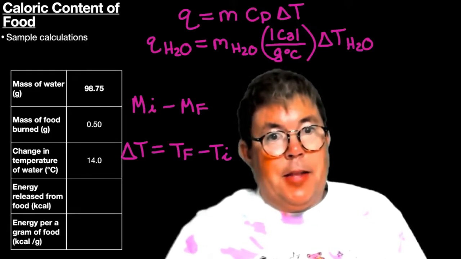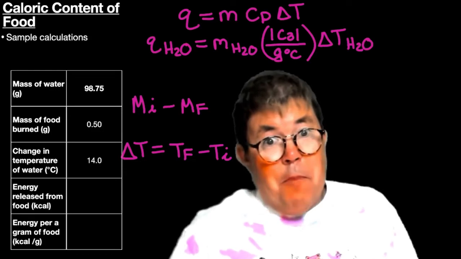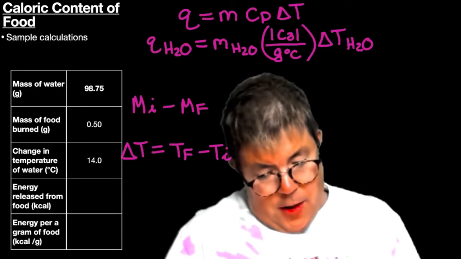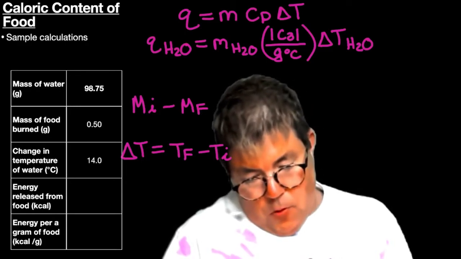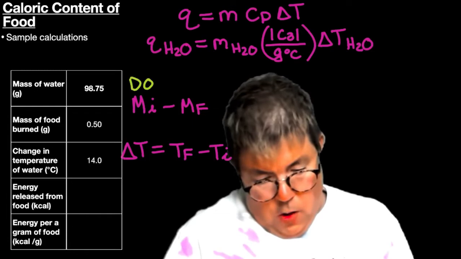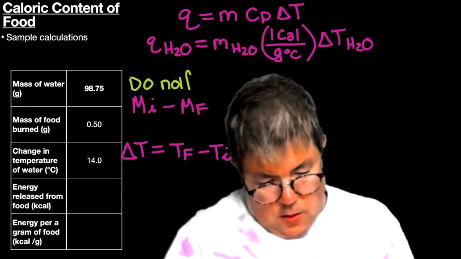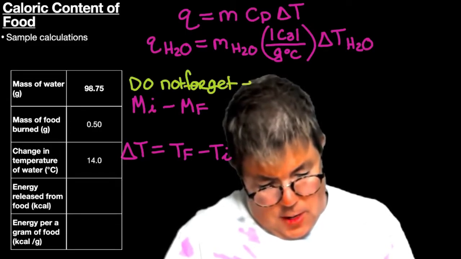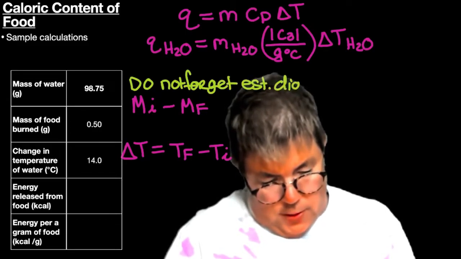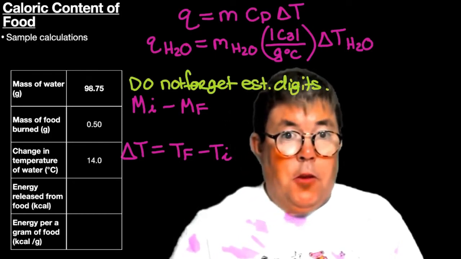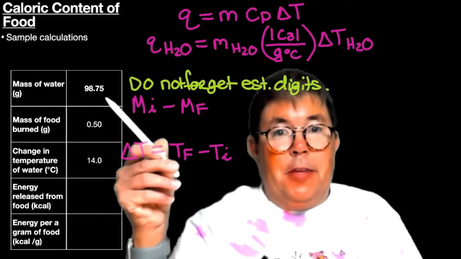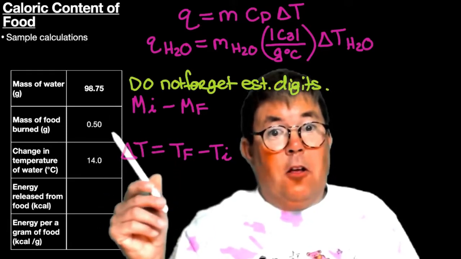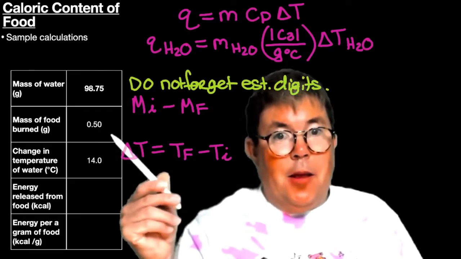Do pay attention when measuring the weight of food and the change in temperature. I'm going to write: do not forget estimated digits. When reporting measurements in the data table, you must always include the estimated digit.